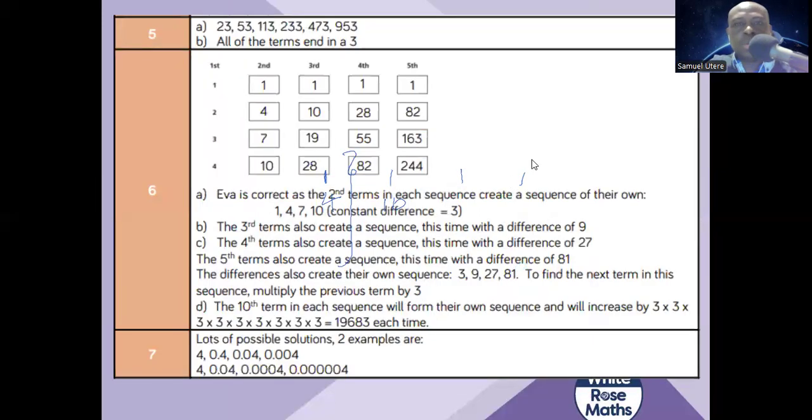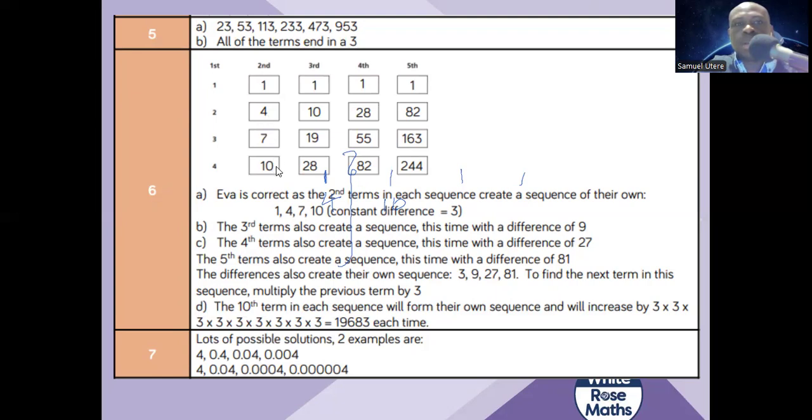Okay, so you can see, yeah, this is what we get when we generate our sequence, and you can see that that is the case. Between 1 and 4 is 3, between 4 and 7 is 3, between 7 and 10 is 3. That shouldn't surprise you because we're moving one step down every time, but don't forget we're multiplying by 3.